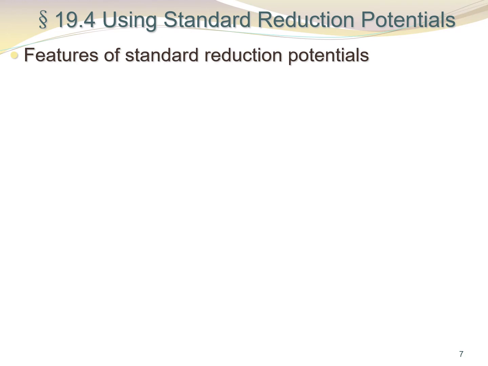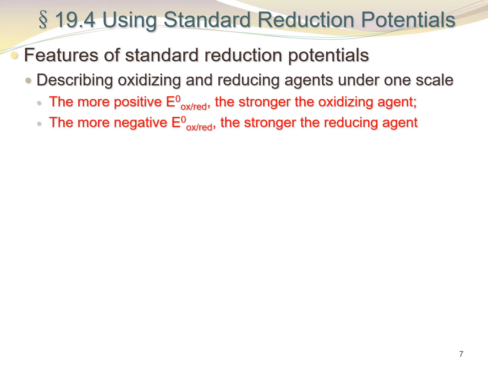There are some important features about standard reduction potentials, either for the individual reduction potential or the cell potential. The value of a standard reduction potential of the species tells us just how strong or how weak this species or this couple is as an oxidizing agent or reducing agent. The more positive it is, the stronger the oxidizing agent it becomes.